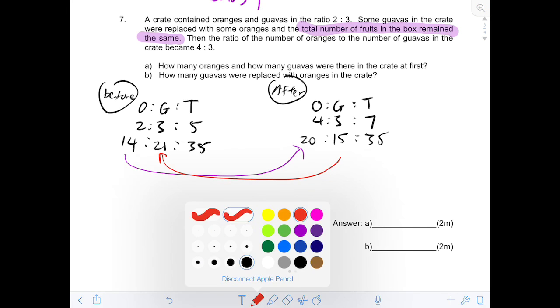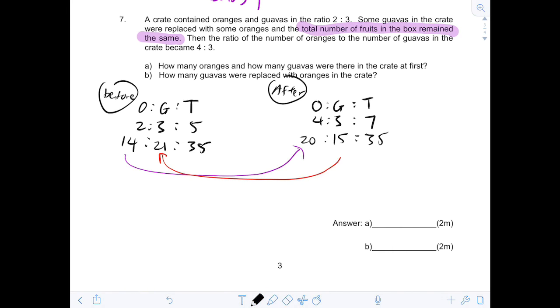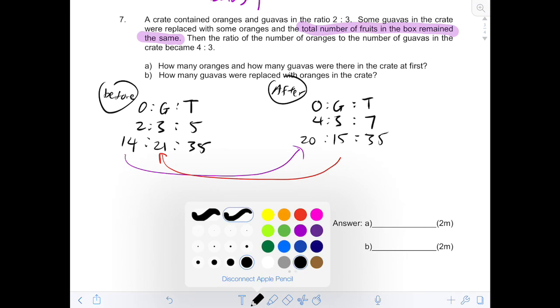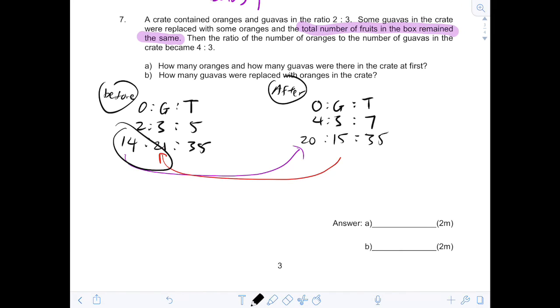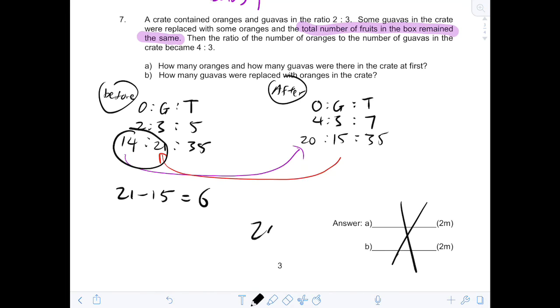If let's say the total is 35, at first means there will be this amount, and how many guavas were replaced will just be 21 minus 15, and you get 6. So this one I'm giving you all the marks, so just add another 4 marks to whatever you all have, or rather I'll remove this from the total, so if it's upon 30 it will now be upon 26.